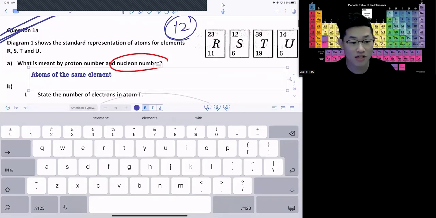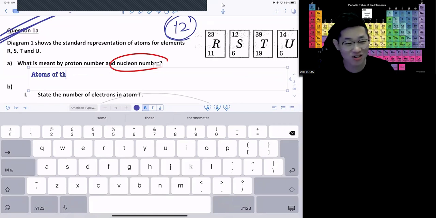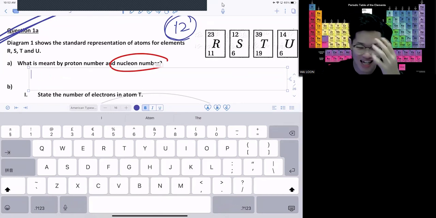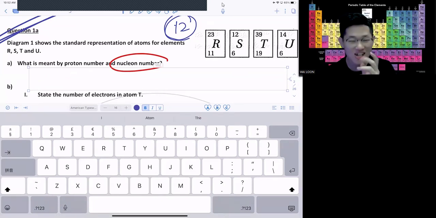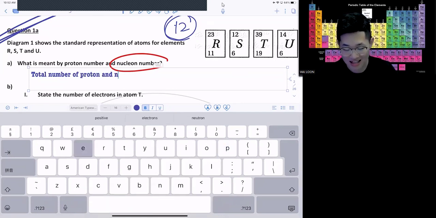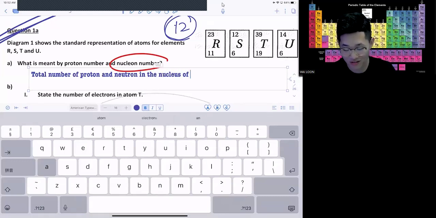So atoms of the same element, remember, must write this part down. Because a lot of people only remember... sorry, what am I doing? Oh no, oh my god. I'm sorry, guys, I thought this was isotope. Nucleon number, sorry, nucleon number is proton plus neutron, right? So it is the total number of protons and neutrons in the nucleus of an atom.